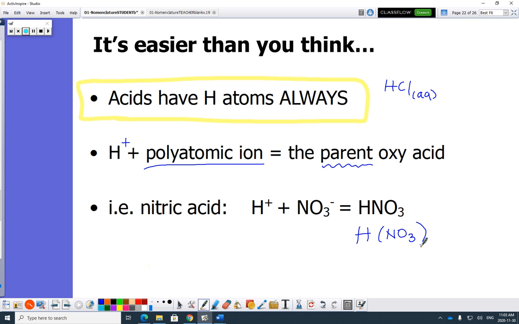And hydrogen always has a charge of 1, so really there's never a need for brackets because you cross over the 1, but you can always put them in there if you want. The big thing with naming these, when it says acid, you don't want to write hydrogen nitrate. You want to call it nitric acid. That's why I'll literally use the word acid so that it's really obvious to you.